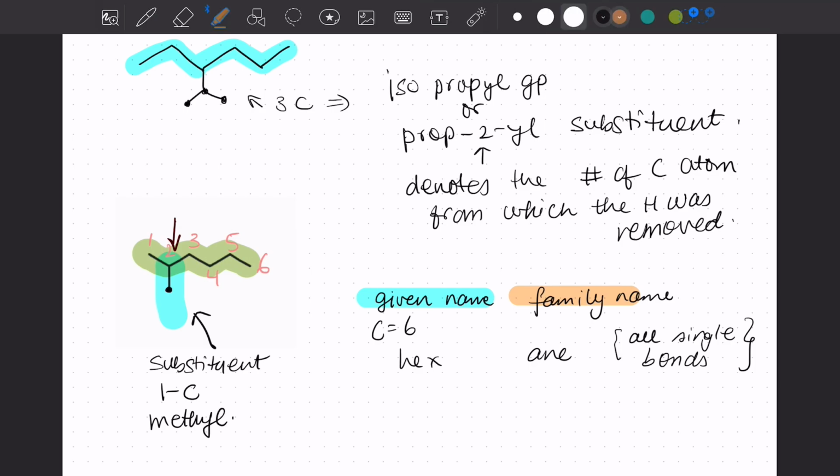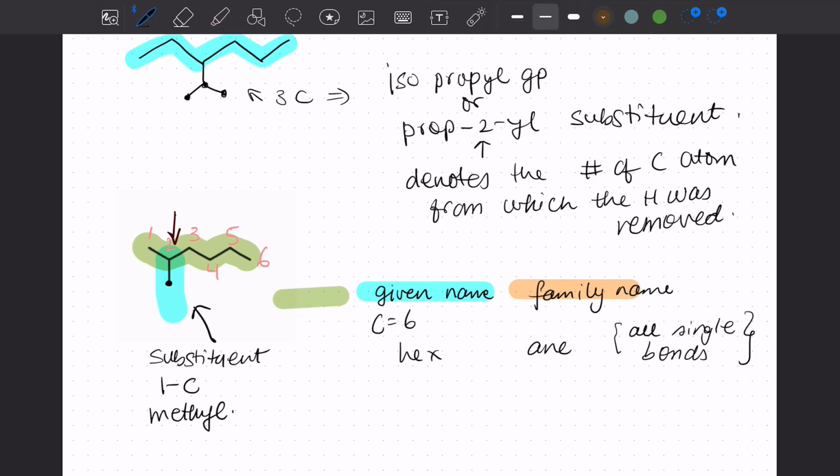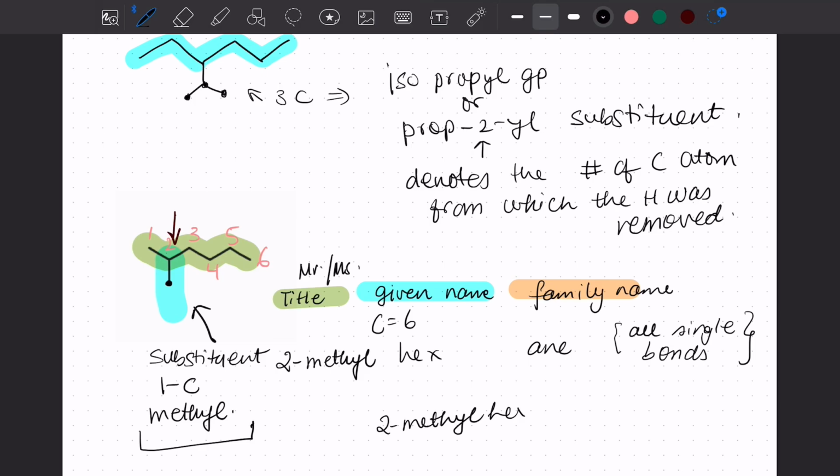So this becomes a methyl group. And this is what we are calling the title, like a Mr. or Miss to someone's name. So when we put all of that together, the total name becomes the substituent, which is attached at the second carbon atom, 2-methyl, the given name hex, family name ane to give me 2-methylhexane.